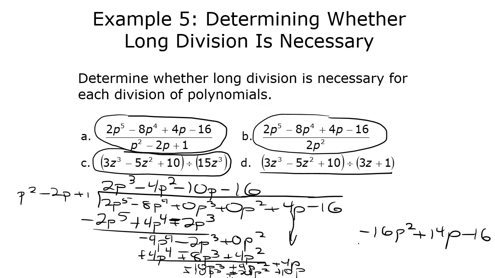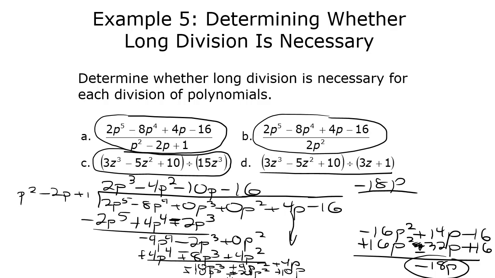Multiply that through, gives you negative 16p squared, plus 32p, and negative 16, right? Change signs and add. Those go away. Positive 14 plus a negative 32 gives you negative 18p, and then these go away. So there's my remainder, negative 18p. So it'd be all this stuff minus 18p over this thing still, p squared minus 2p plus 1.